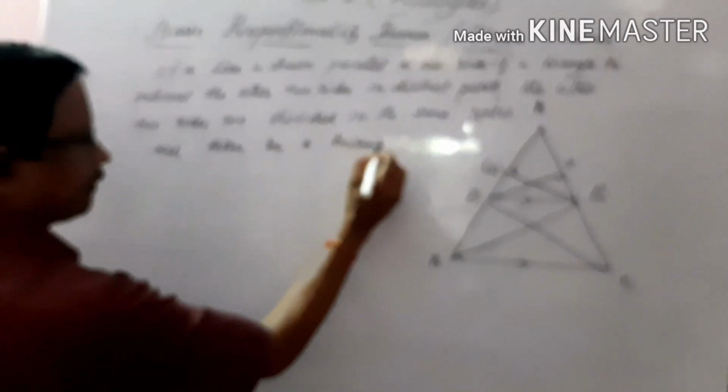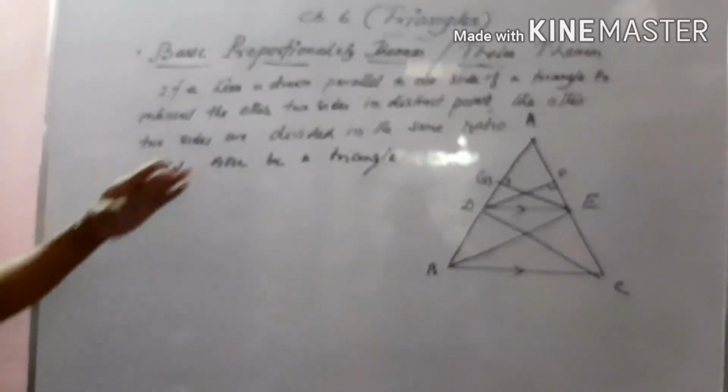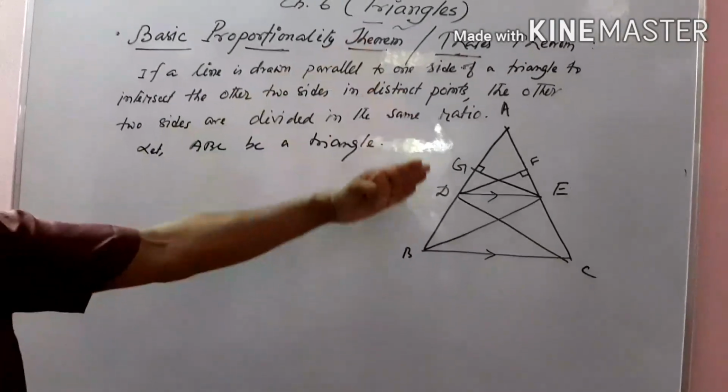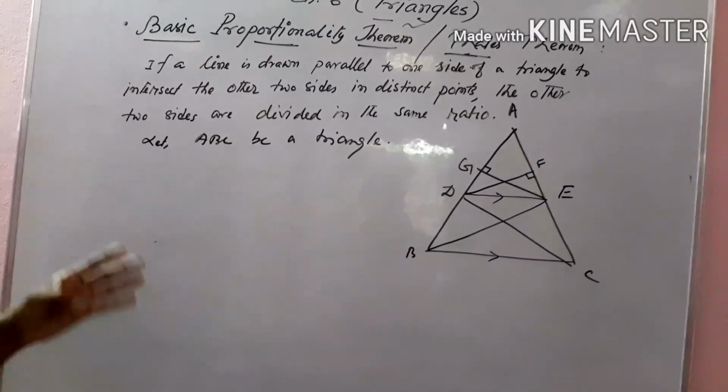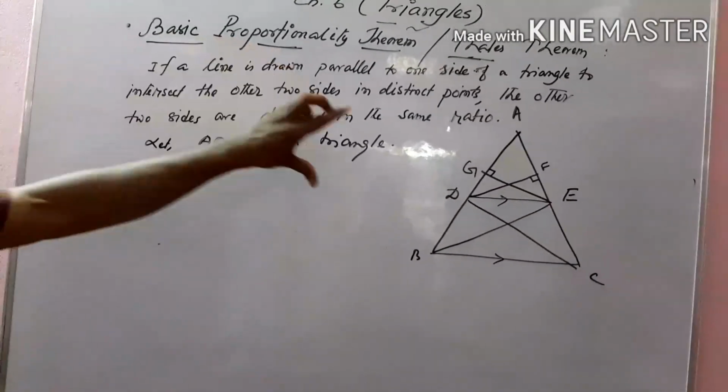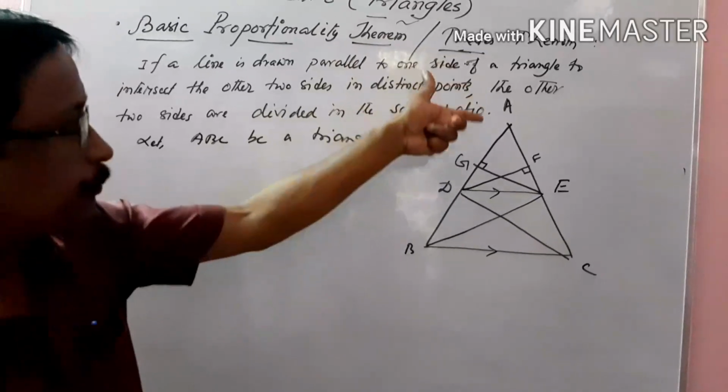But what to do there? First you add, ABC be a triangle. I will write in short, because once you understand you can write it in detail. You will get everything in your books also. I am just giving the idea of what to do and what to prove.